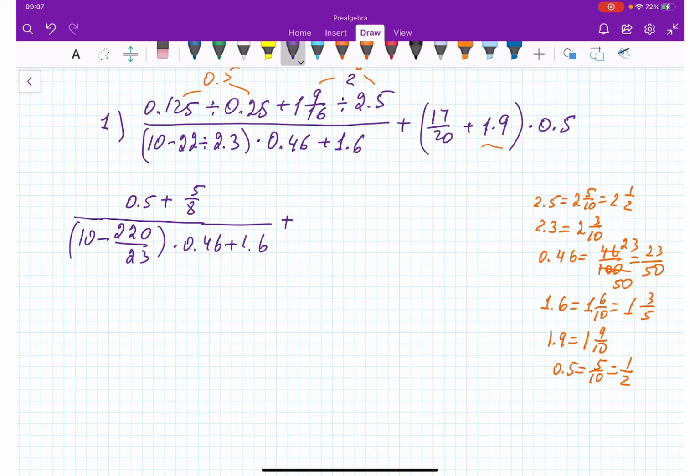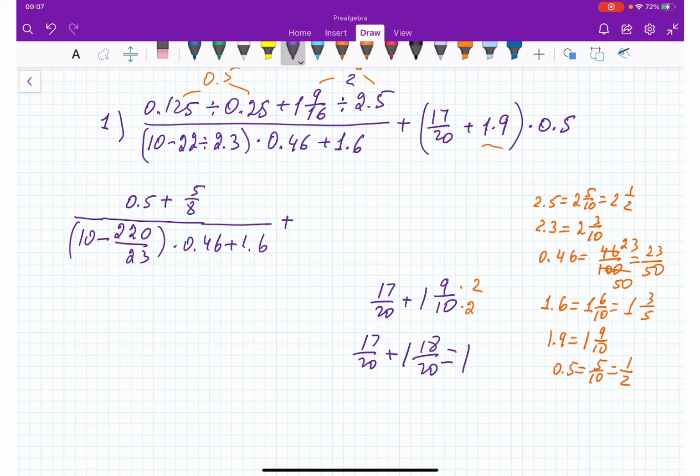So how much do we get? 17 over 20 plus 1 over 9/10. So 20 and 10th, I'm bringing to common denominator. It's going to be 20, right? 2 here, 2 here. And the answer is going to be 17 over 20 plus 1 and 18 over 20.